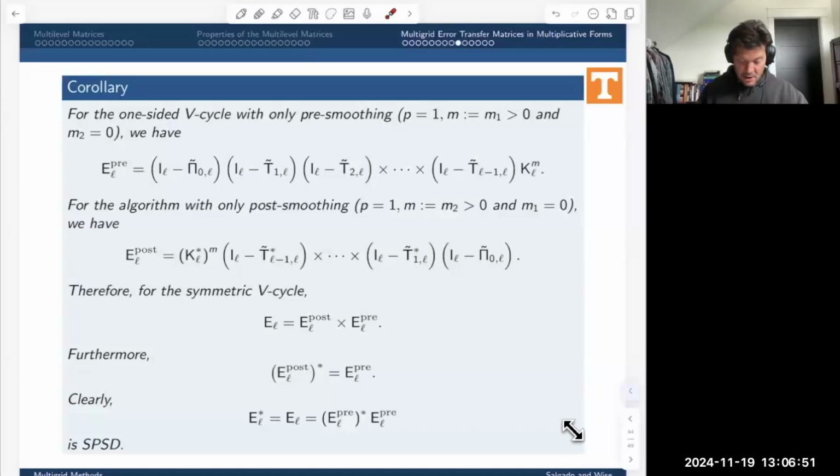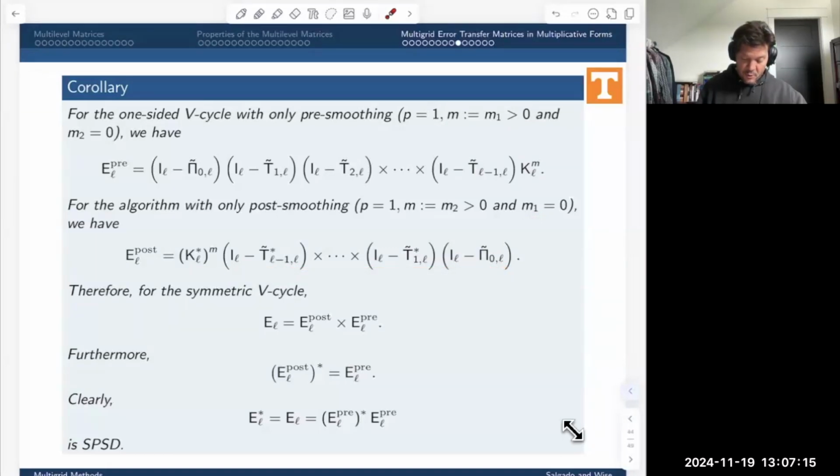Conversely, if we only have an algorithm with post-smoothing, does this make sense? In some sense, it does make sense, and we'll see that it actually works and it converges. If we only have post-smoothing and no pre-smoothing, then we have an error transfer matrix which looks like this, a product of these matrices.